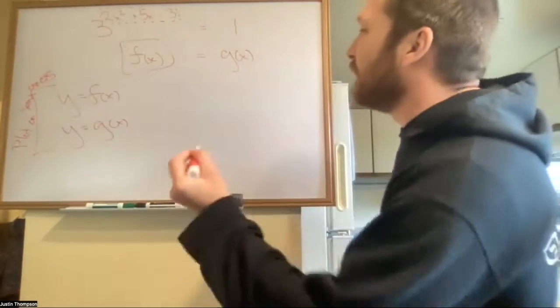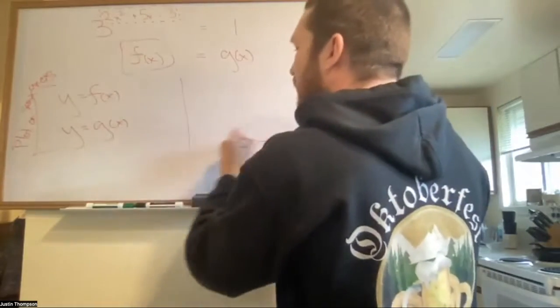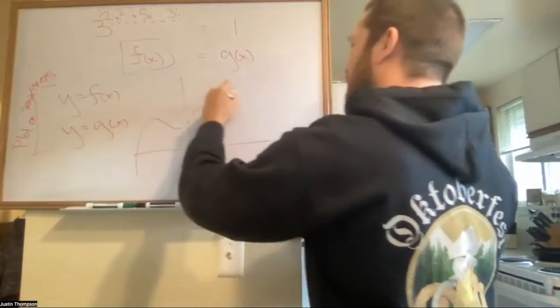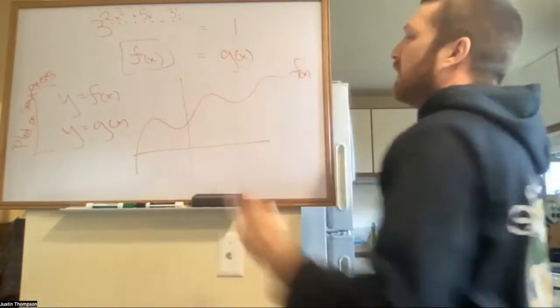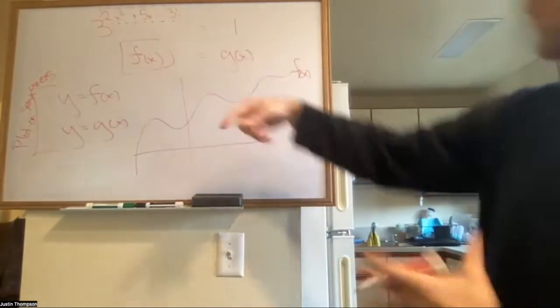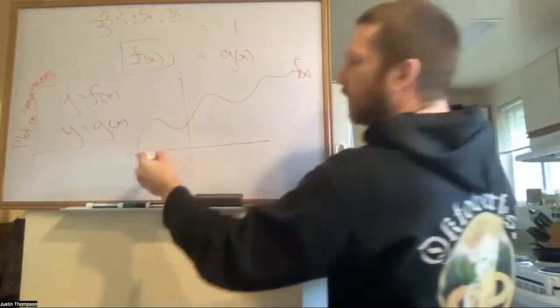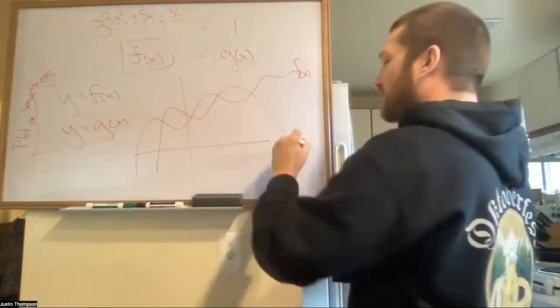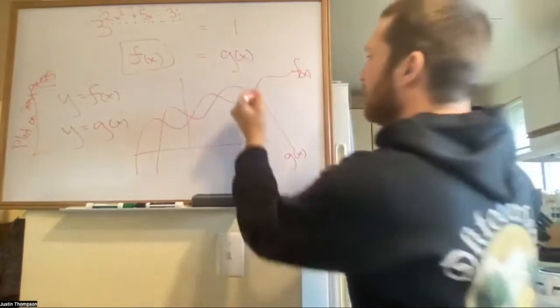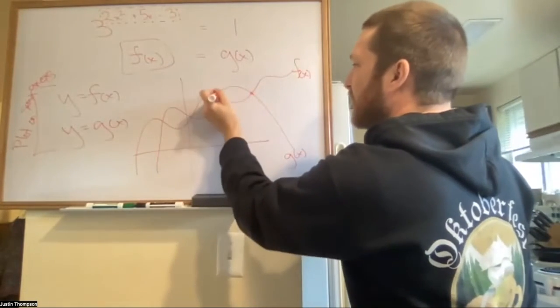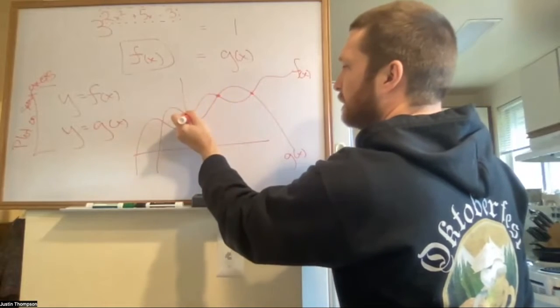So that's the idea. You have some crazy function f of x, you don't know what's going on, and maybe the other side is also crazy. Who knows? So we plot both of them on the same axes, and we can see, aha, there are intersections. I can expect solutions here.